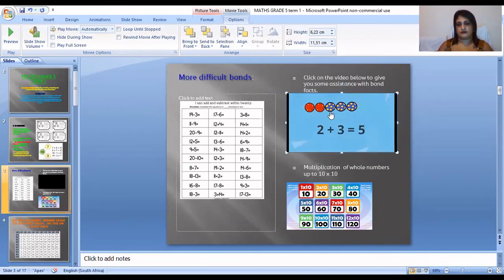We can represent this equation using a part-part-whole model. The parts go in these small boxes, and the whole goes in the larger box. This is another way to show that 2 and 3 make 5. The part plus the part equals the whole. That means that 3 plus 2 must also equal 5.